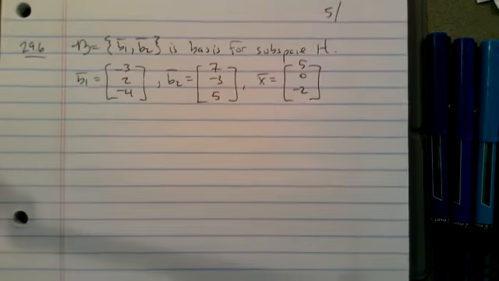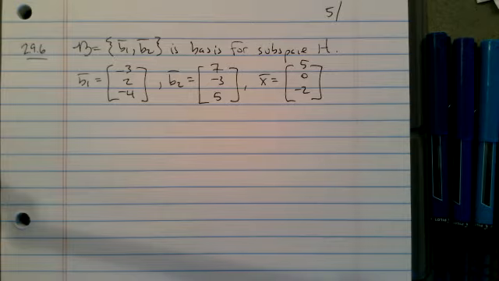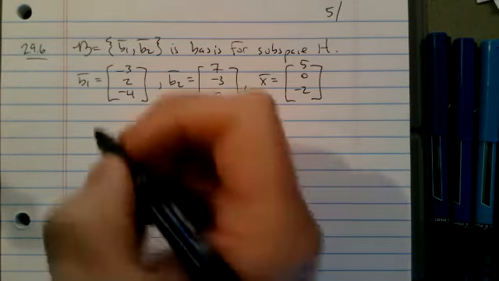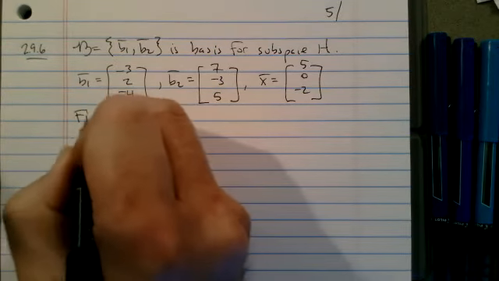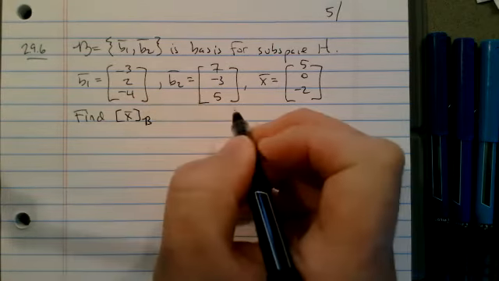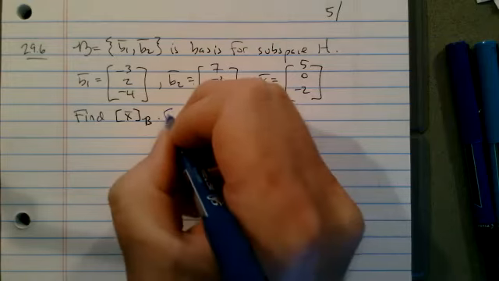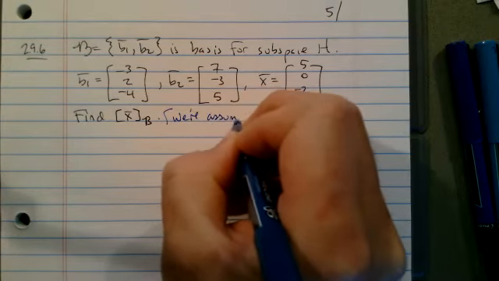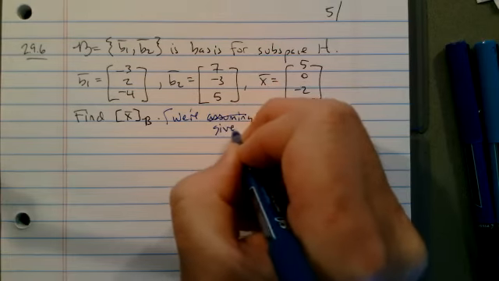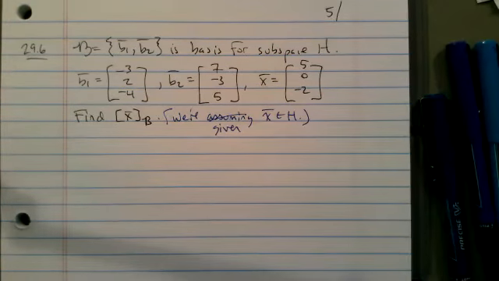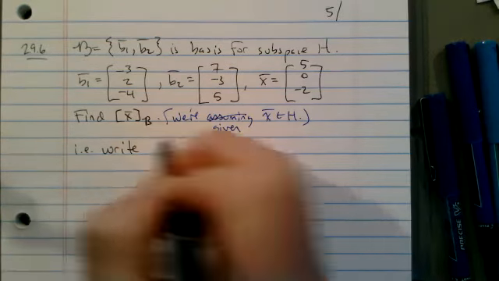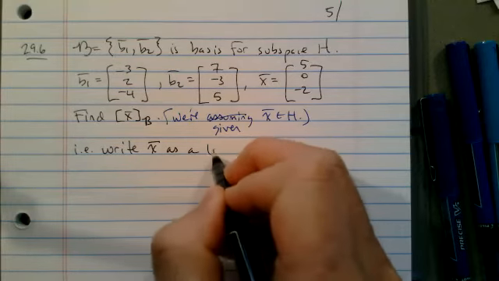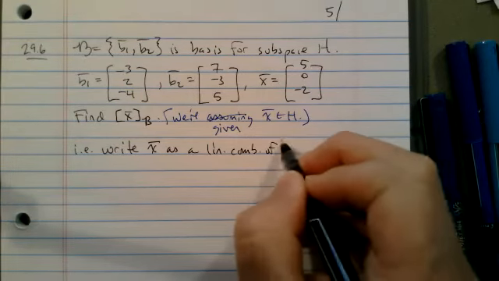Okay. So in this case, we'll want to write the coordinates of x relative to B. We're given that x is in H. I don't really trust it yet, but we want to find the coordinates of x relative to B, and in this case, we're assuming x is in H. What this question says is, write x as a linear combination of B1 and B2.